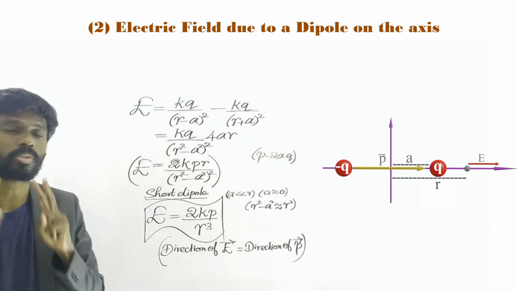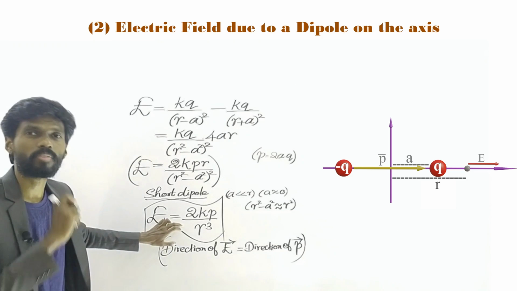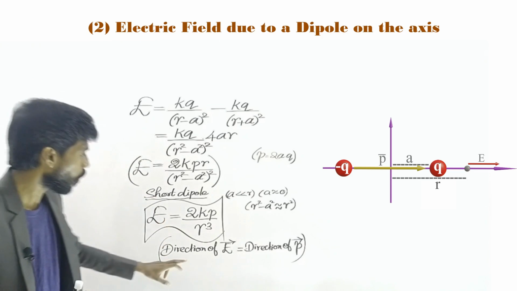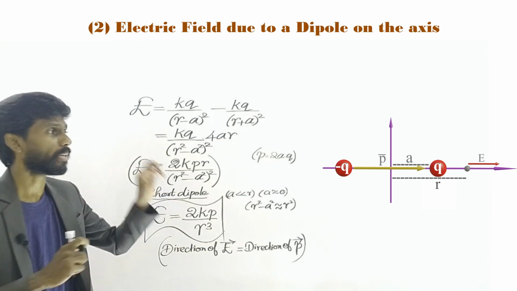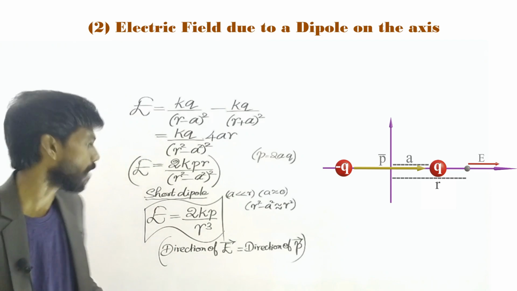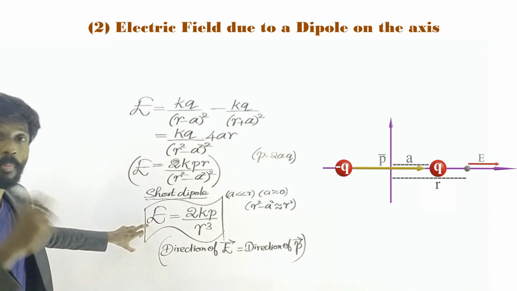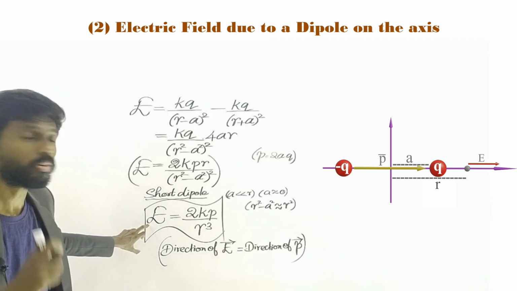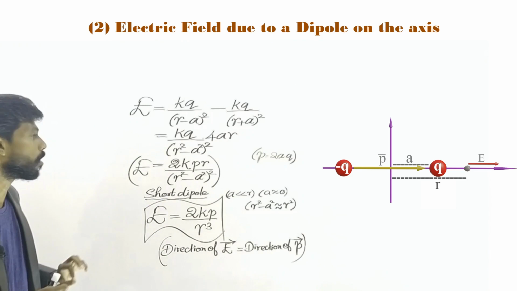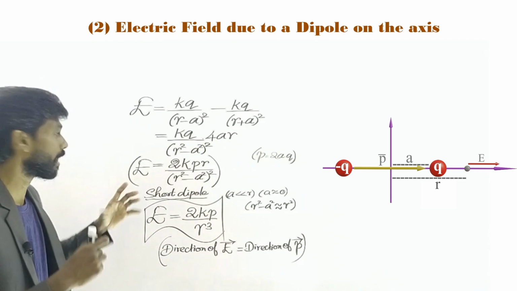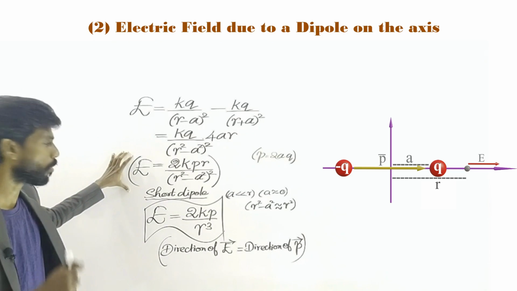So remember two things: the magnitude of the electric field and also its direction. At a point on the axis, the magnitude is 2kp divided by r cube, and only for a short dipole. If it is not a short dipole, in a general case we have to use the earlier formula. For a short dipole we use this one.